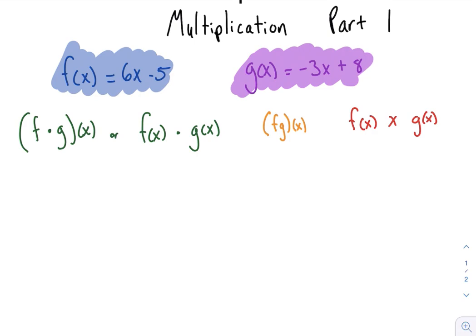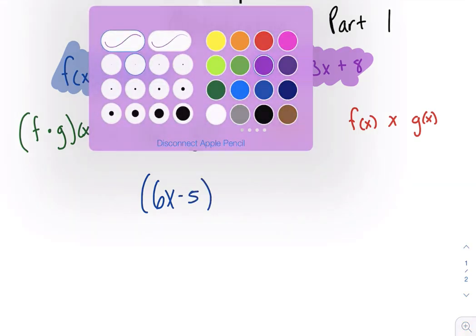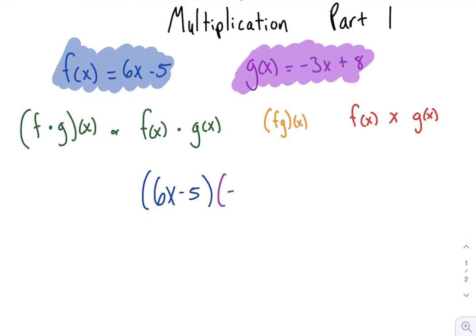Just like with the adding and subtracting, what I like to do is write the 2 functions down in the order that they show up. In this case, f times g of x, so I'll write f of x first, which is 6x minus 5, and I'll put that in parentheses, and g of x, which is negative 3x plus 8, which will also go in a set of parentheses.